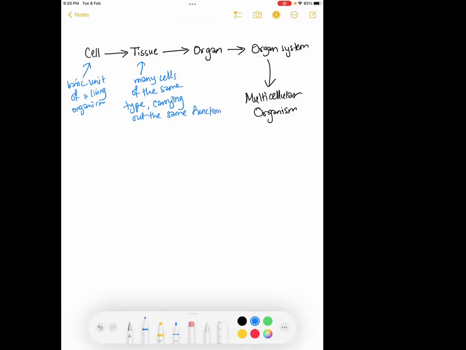And then organ, these are different tissues working together to perform a specific function.